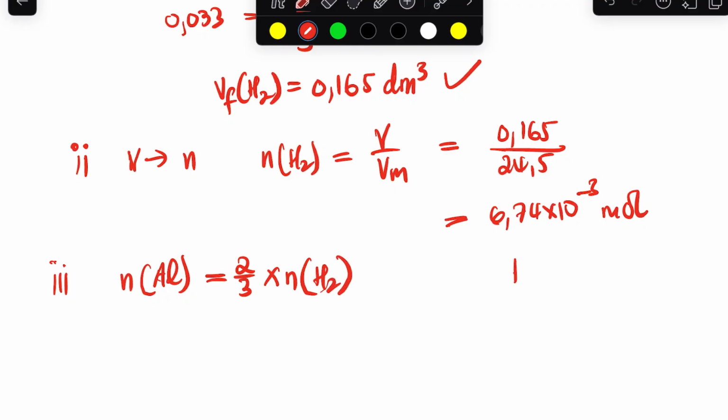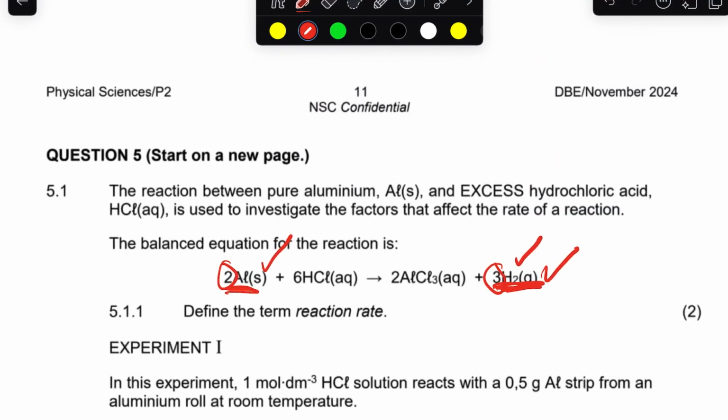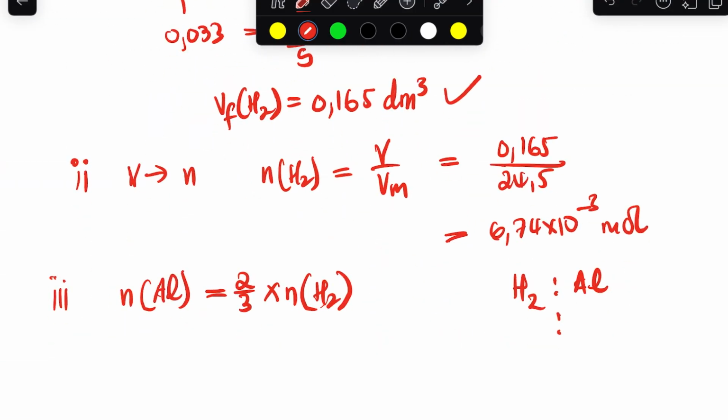Guys, it's the same as when you say hydrogen is to aluminium, the ratio is going to be 3:2, and you put an x there, and then here you're going to put 6.74 times 10 to the power -3. It's the same thing.